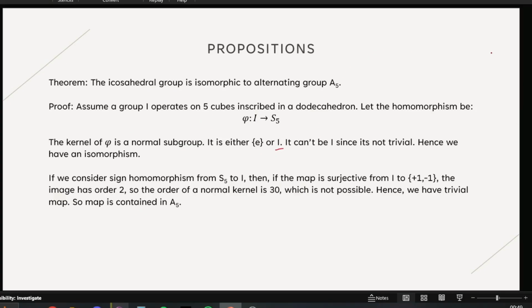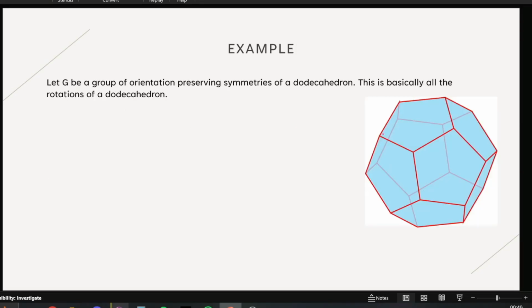If you have a dodecahedron here, we basically have a cube inscribed in this dodecahedron, and there are actually 5 of them.